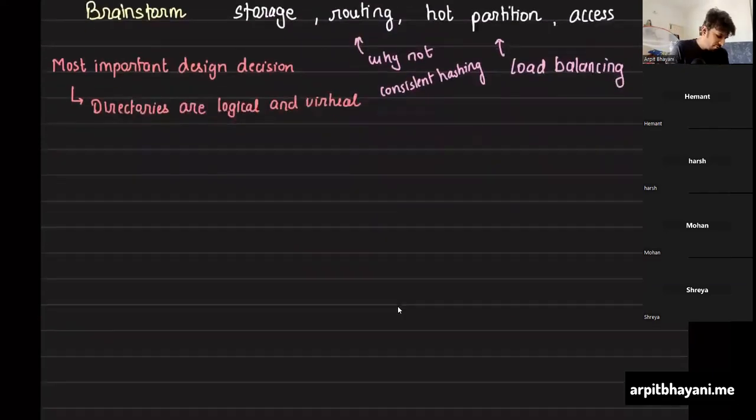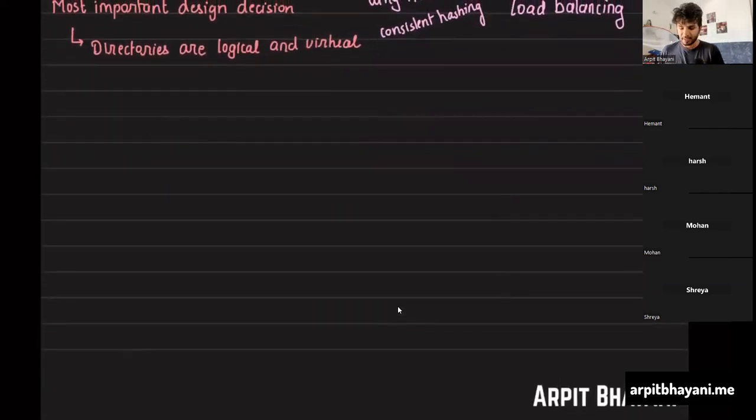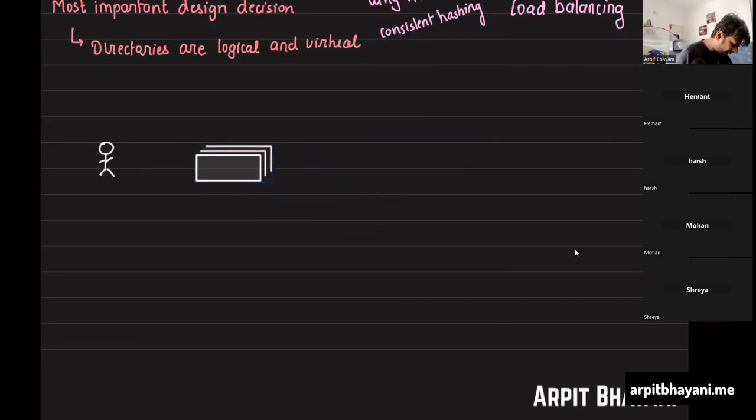If we are just building a key value store, always remember this: given this file path, I want to write this content. Let's say in an HTTP request, what I'm getting is, put this file, which is the content of the file, at this particular path.